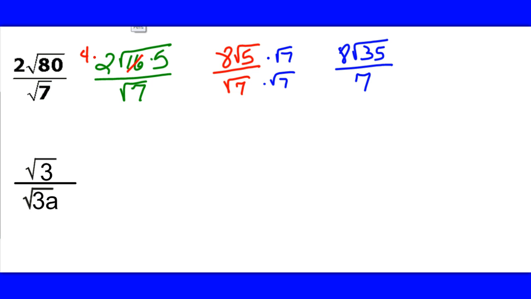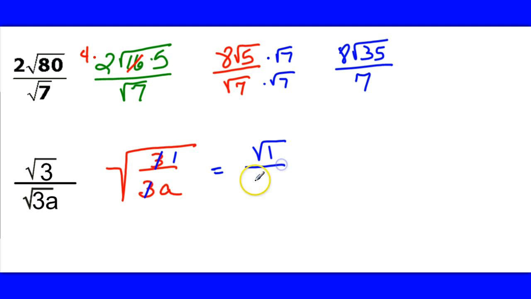Okay? All right, this last example I put on here because I want you to see that sometimes it's to our benefit to go ahead and simplify as if this was one big radical sign first. And in this case, you see what happens with these 3's. They cancel out. So really what I have here is radical 1 over radical a. There is a square root of 1.